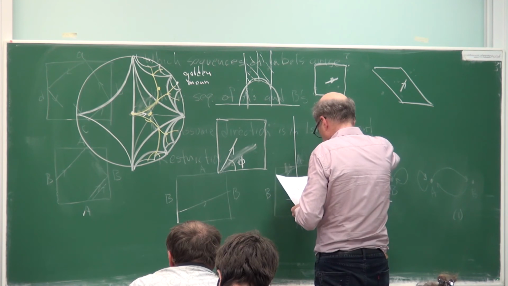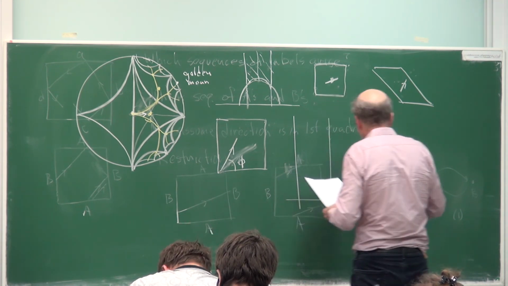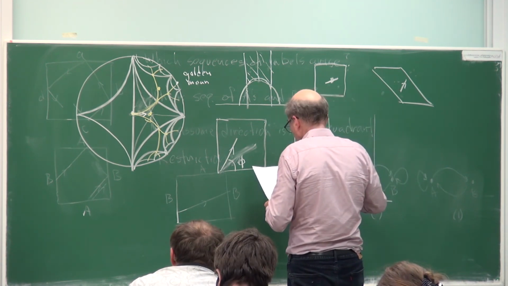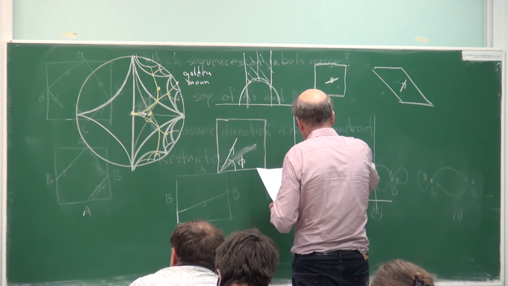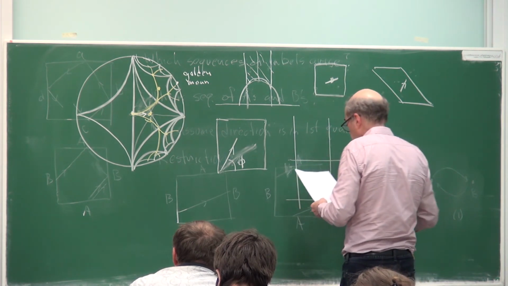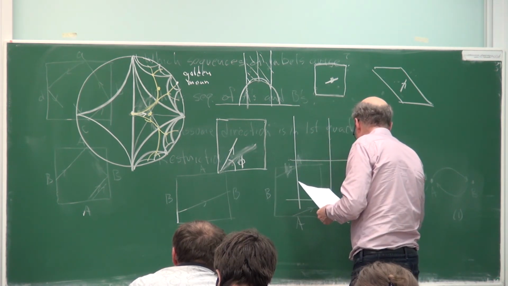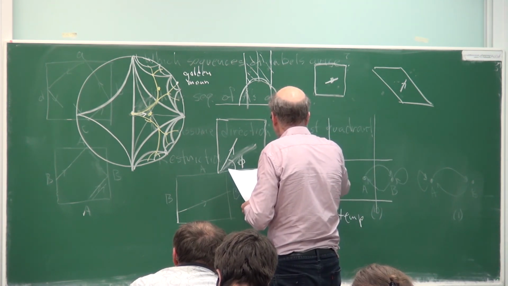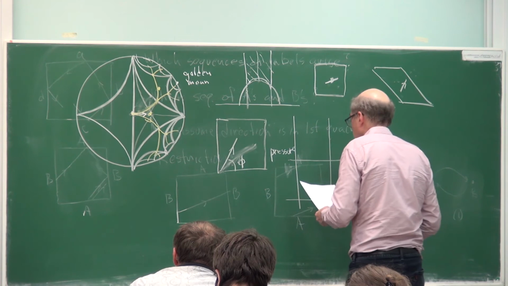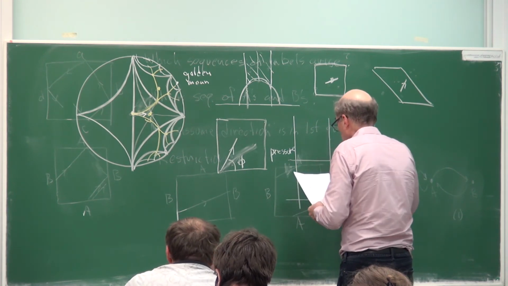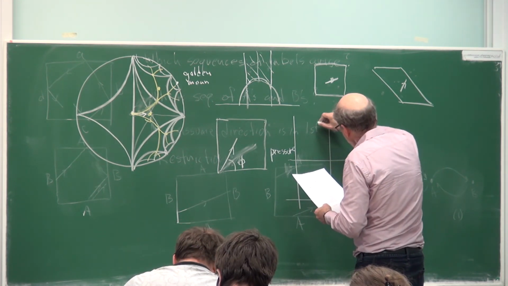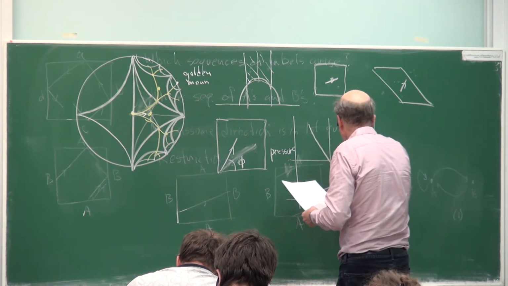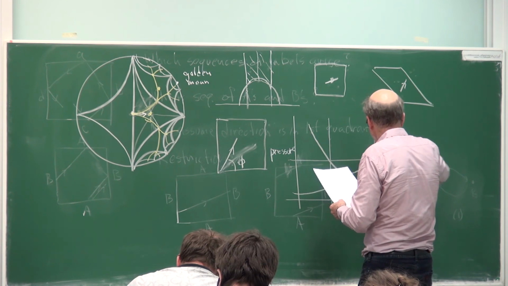So if we look at the state of water as a function both of temperature and pressure, there are three states, and there's a triple point.